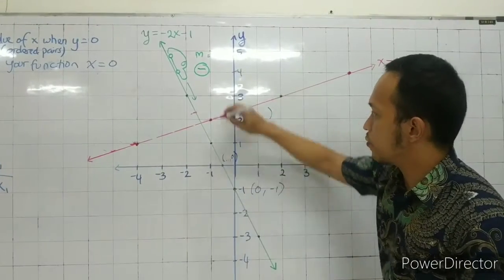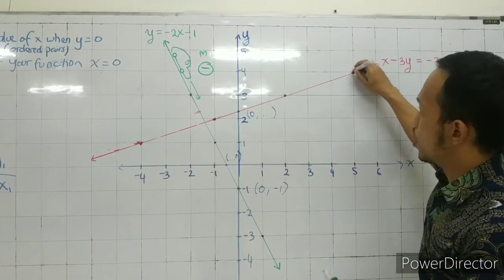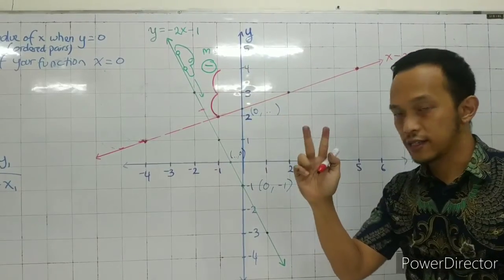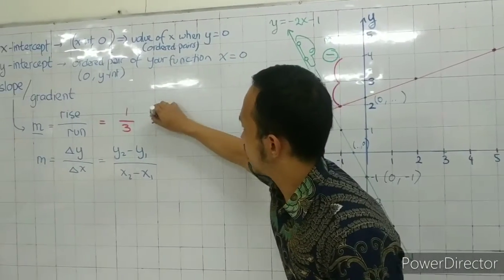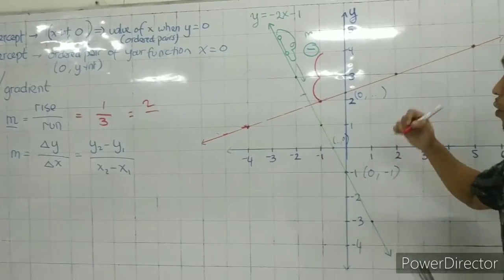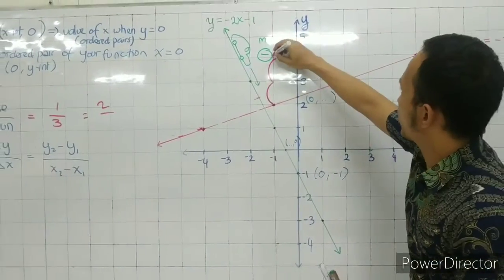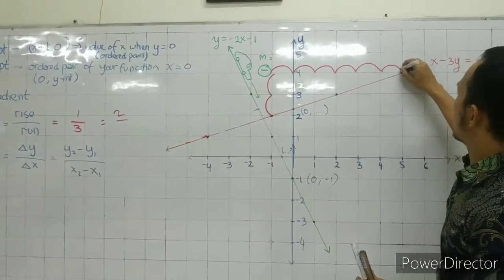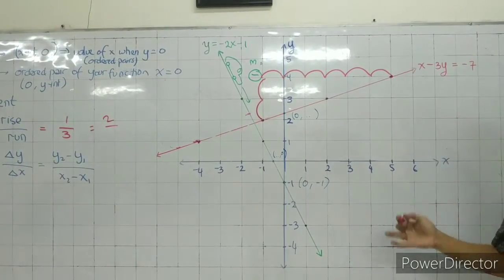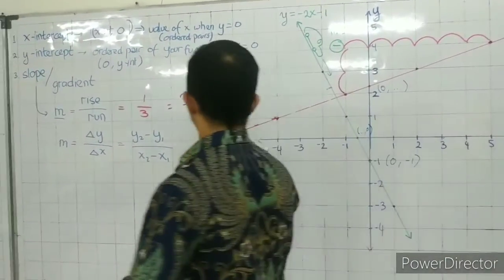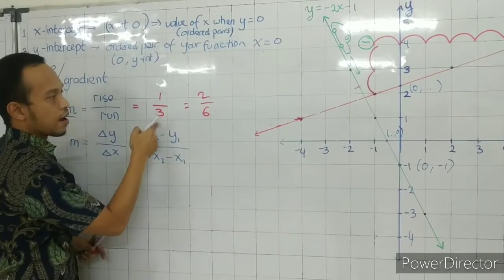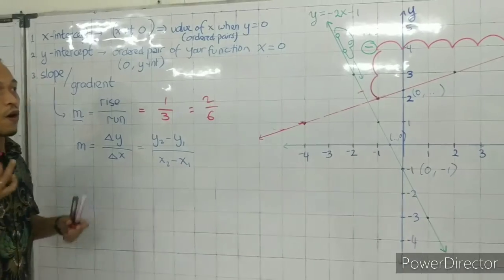Going from here to here, you are making 1, 2 rises. 2 rises up, positive, and then how many runs? 1, 2, 3, 4, 5, 6, so 6 runs, going right, positive. So in the end, you will have a consistent value of the slope.